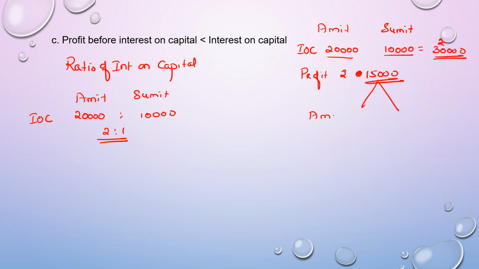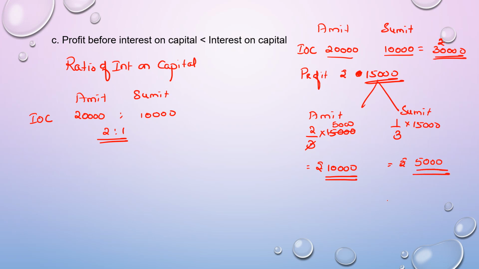So Amit would get 2:1 means 2/3 of 15,000 and 1/3 of 15,000 would go to Sumit. So here it means Amit would get 10,000 as interest on capital and Sumit would get rupees 5,000 as interest on capital.